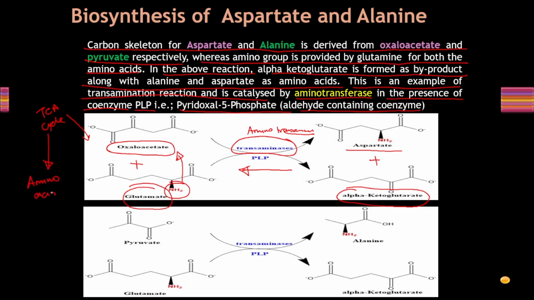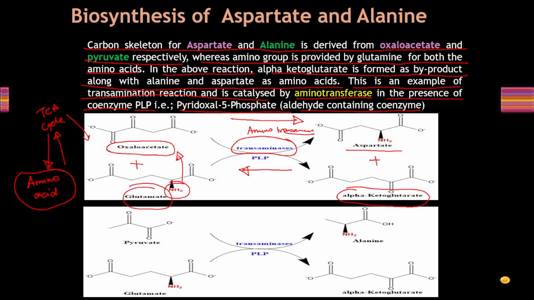So you can imagine that if there is a deficiency of amino acid, the TCA cycle will pull the intermediates toward amino acid biosynthesis, and the reaction will run in this direction, and that's how you have the synthesis of aspartate. But if there is an excess of aspartate, then the reaction is going to run in this direction, and that's how it is going to run the TCA cycle at a faster rate.